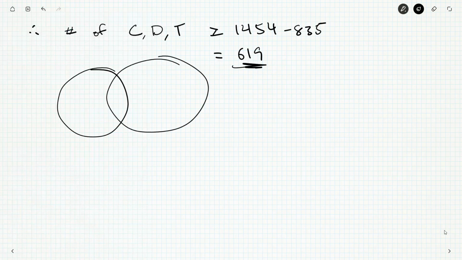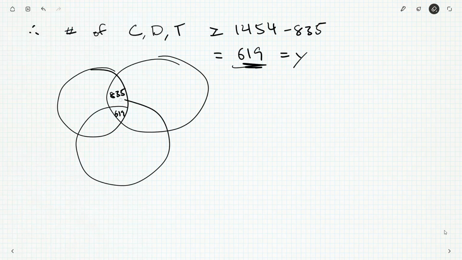Because that's sort of the ultimate test of, did I mess up an algebra? So I think this should be y. And so 619 there. I'll put all the 835s there. That means we have to have the total number of 197 be in these two overlap bits here. I don't know if it especially matters where they are.